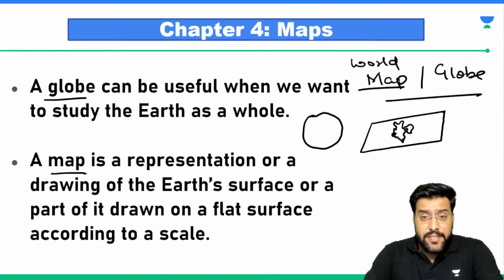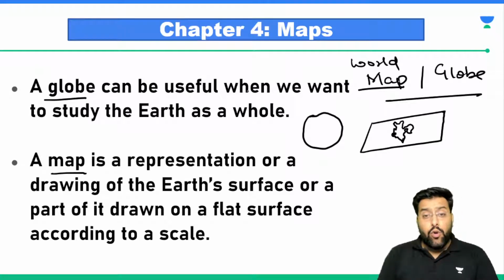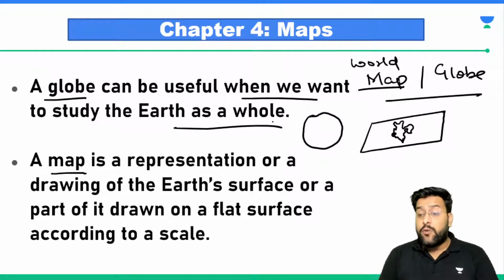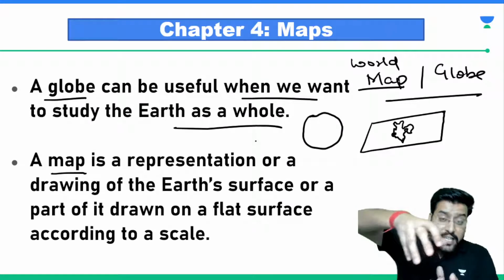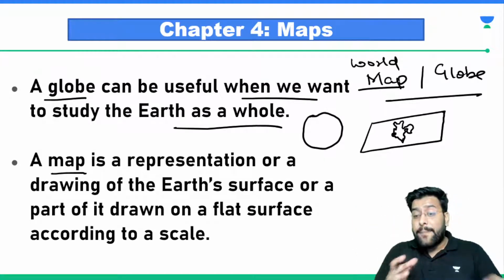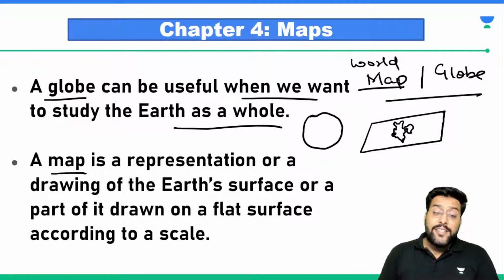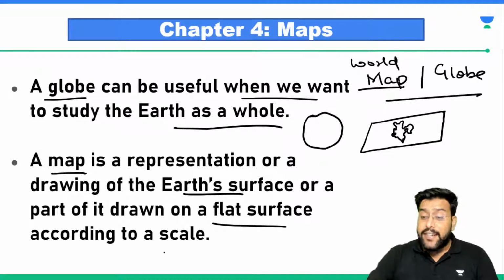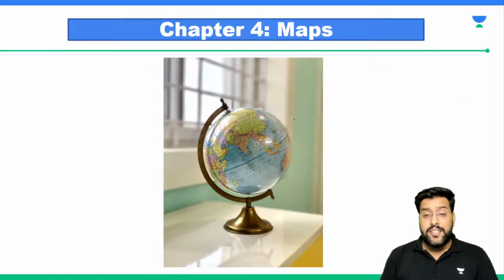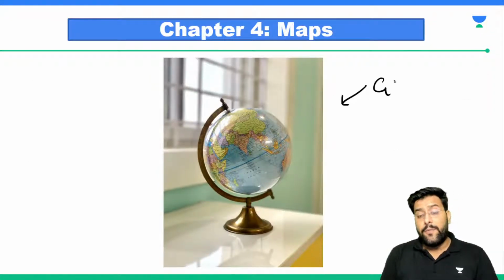What is the basic difference? A globe can be useful when you have to study the whole earth. We need to understand how the earth revolves. So a globe is capable of performing almost every task that the earth performs, whereas a map is the representation of the earth's surface drawn on a flat surface. So this is your globe.